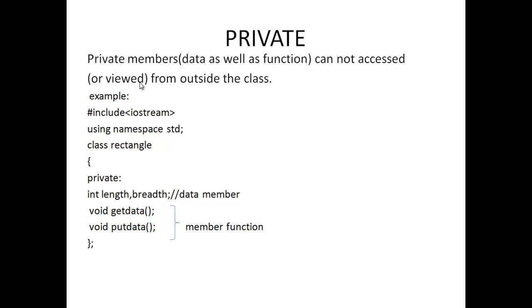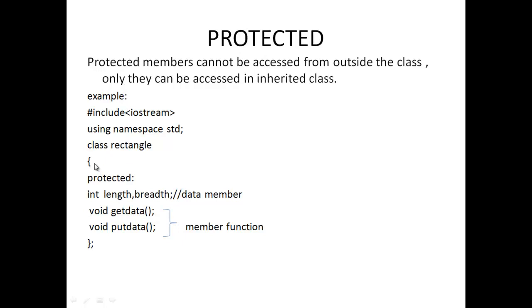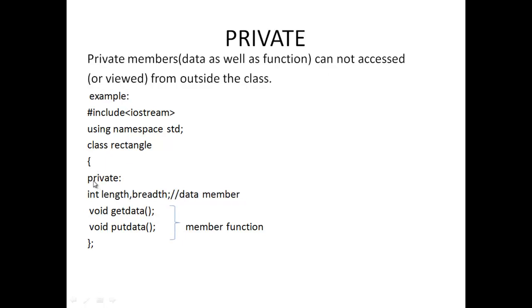Okay. How is this declared? This is declared by the private keyword. Okay. You see here, first I am writing a class, then open the brace, and then I am writing the keyword private, and then here I am writing some data members and member functions. Okay. So this is the procedure of writing private data values.